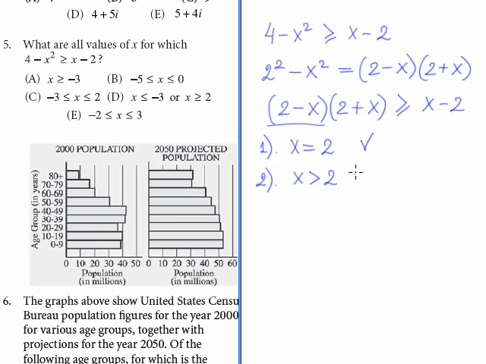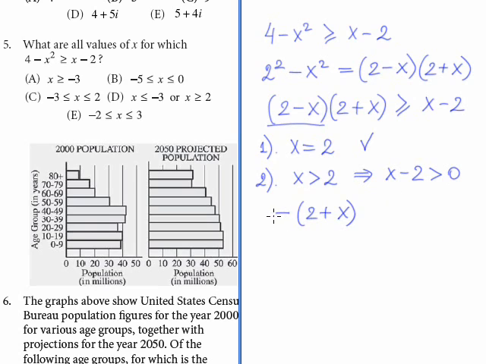If x is more than 2, then x minus 2 is more than 0. So x minus 2 is a positive number, and therefore we can divide this inequality by it, and the sign of the inequality will not change. So we will obtain minus 2 plus x, minus because we divide 2 minus x by x minus 2.